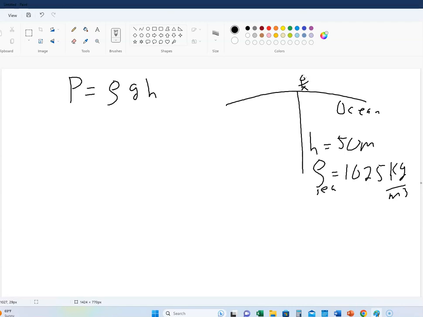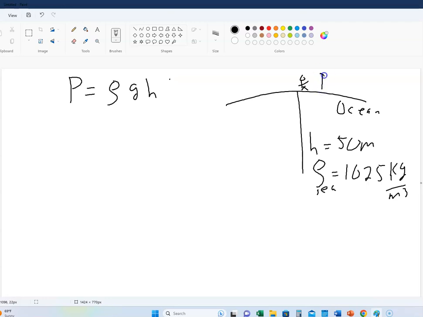All right, now let's take that same person and immerse them in the ocean. Let's go down about 50 meters, and we're going to use this to calculate the pressure. Just to let you know, this pressure right here is what we call the gauge pressure. If you were to add this to the 101.3 kilopascals, remember, you could add the atmospheric pressure.